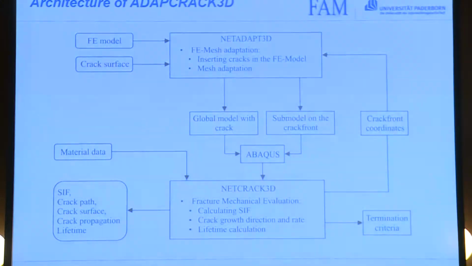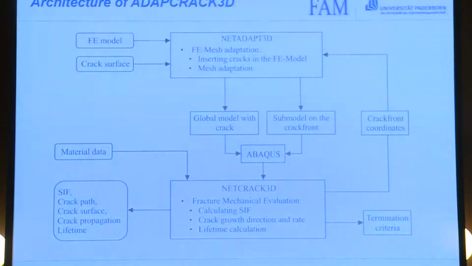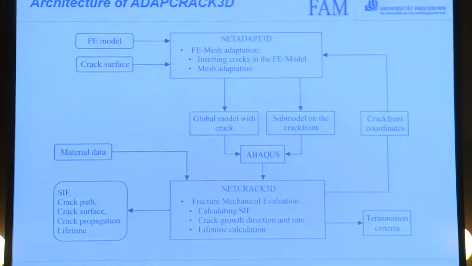If the crack can move forward, it will send the newly calculated crack front nodes or coordinates back to NetAdapt3D, where it will create the global model and the submodel for the following step. As soon as a termination criterion like the fracture toughness of the material is reached, the simulation will stop.